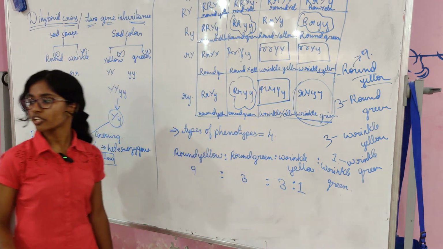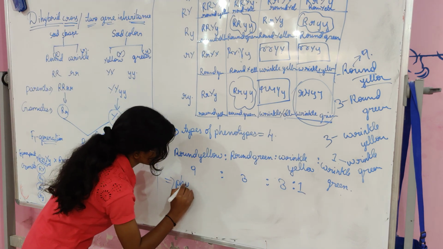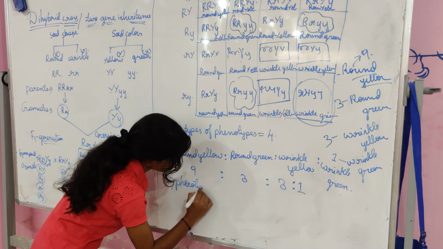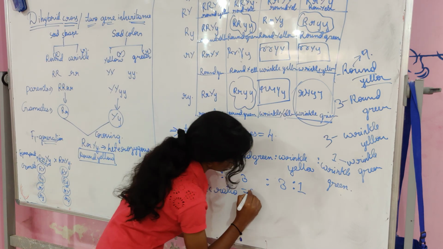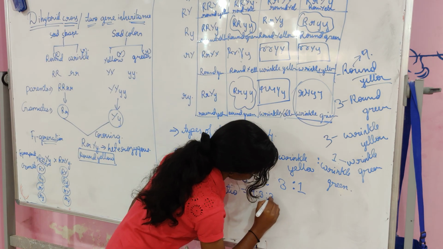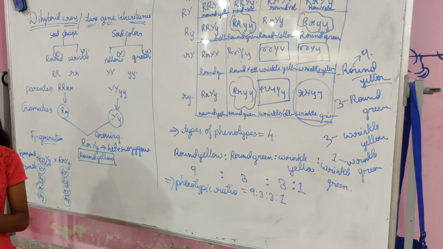So the ratio will be 9 is to 3 is to 3 is to 1. Right? So the phenotypic ratio is equal to 9 is to 3 is to 3 is to 1. Okay. Understood?